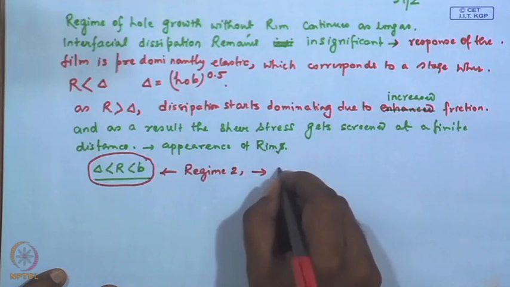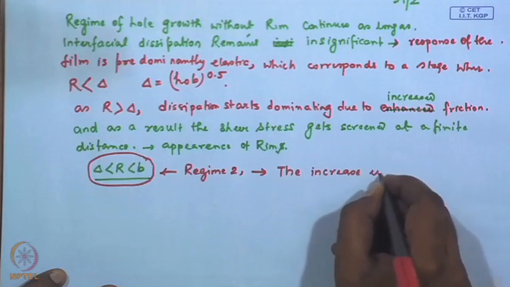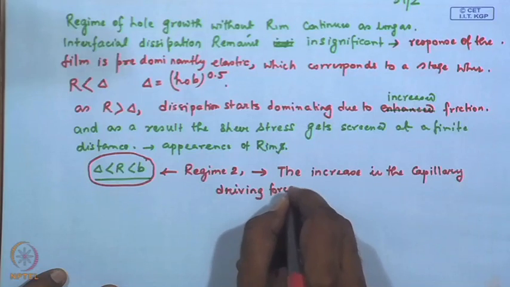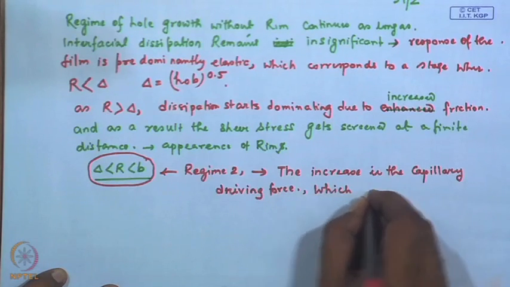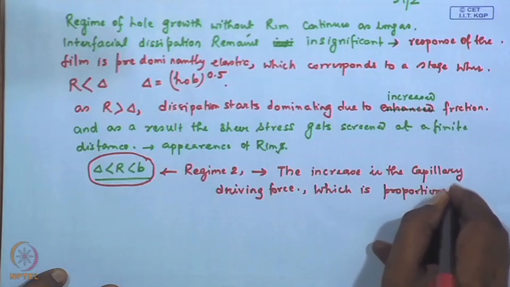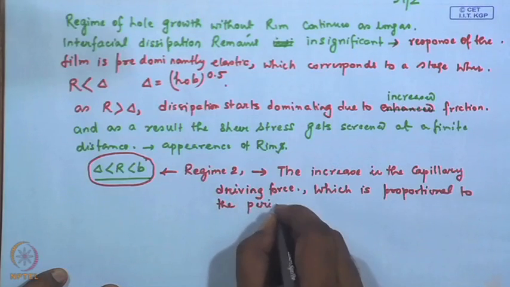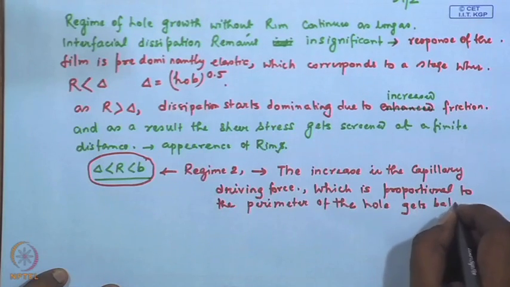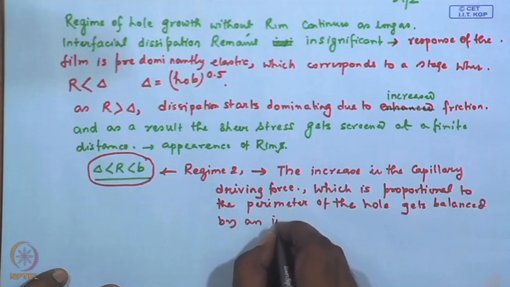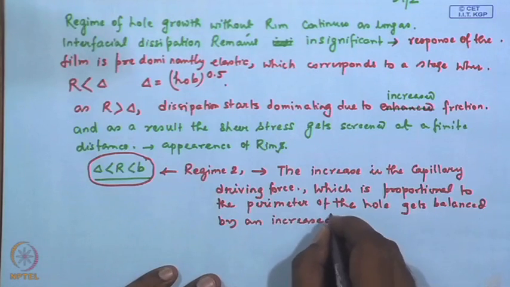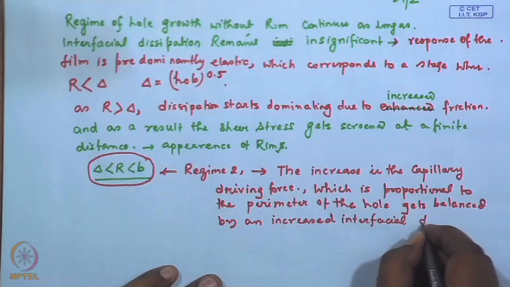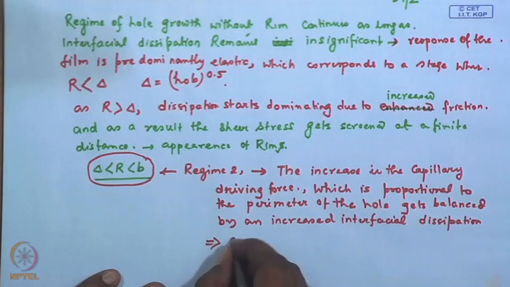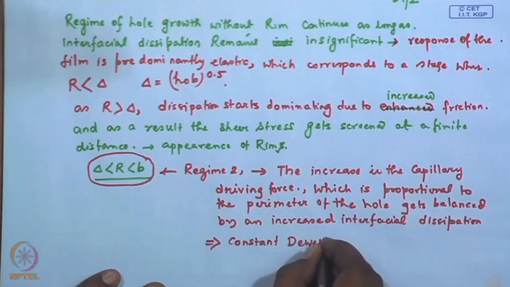The increase in the capillary driving force, which is proportional to the perimeter of the hole, gets balanced by an increase in interfacial dissipation, and consequently this results in a constant dewetting velocity.